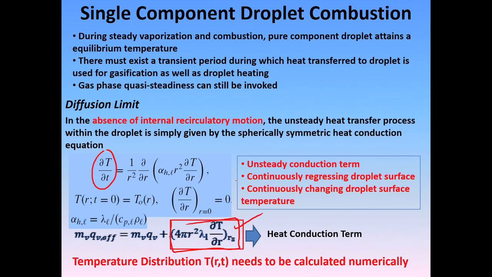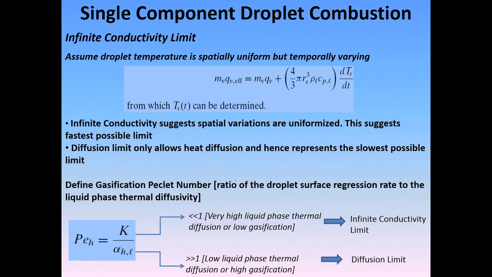So, that is what we did in the write up that we just did right now, and this also we did that if the Peclet number is much less than 1, very high liquid phase thermal diffusion or low gasification, this is an infinite conductivity limit.